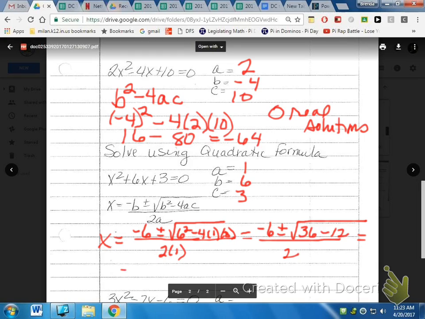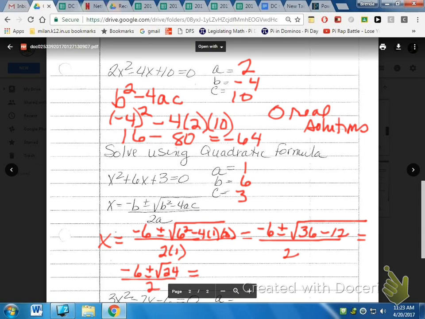Okay, and negative 6 plus or minus the square root of 24 over 2. Okay, and we haven't learned simplification of radicals yet. That is coming up, but at this point then what you would do is use your calculator.